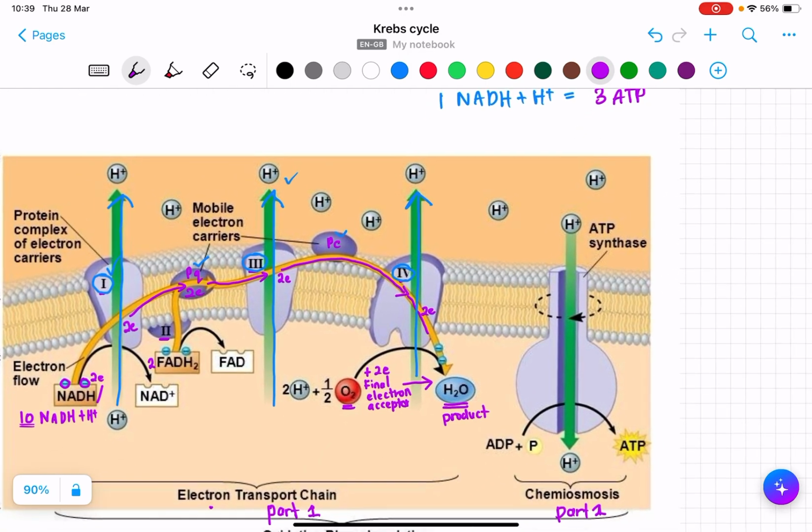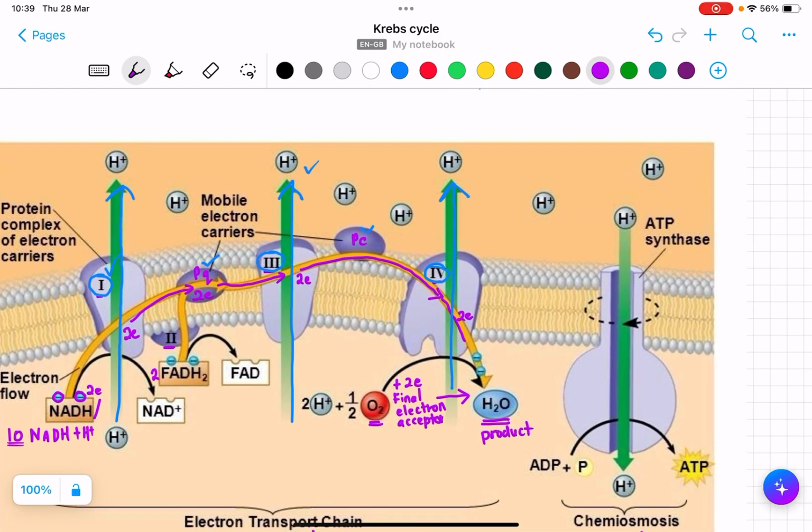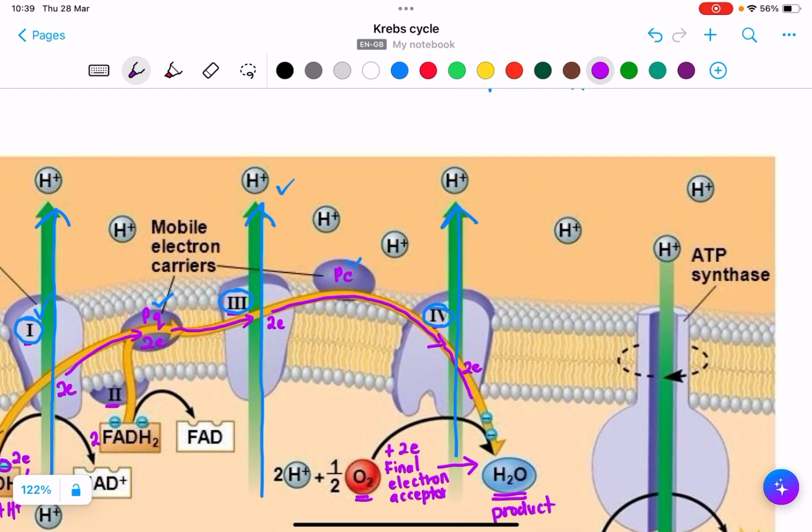So, that's what happened. A lot of hydrogen ions will accumulate because the complexes pump. The hydrogen ion will accumulate in the intermembrane space. So we're going to stop there. We're going to continue it later on.